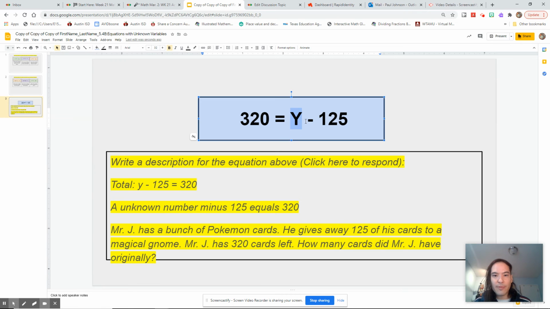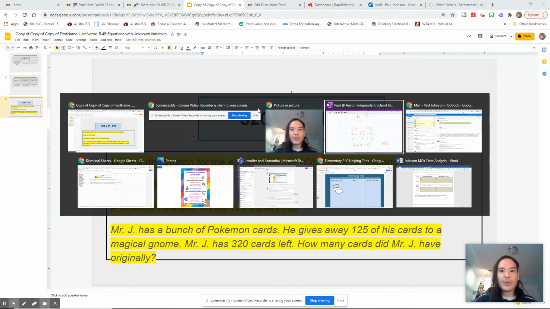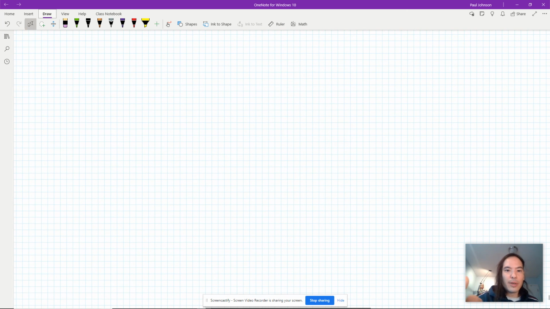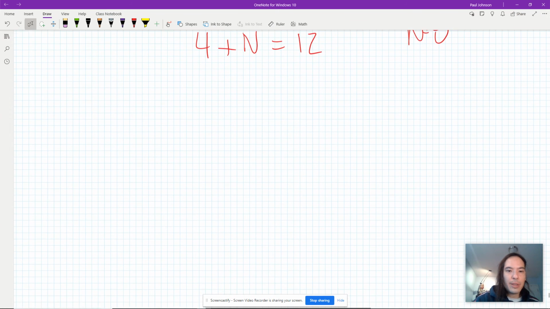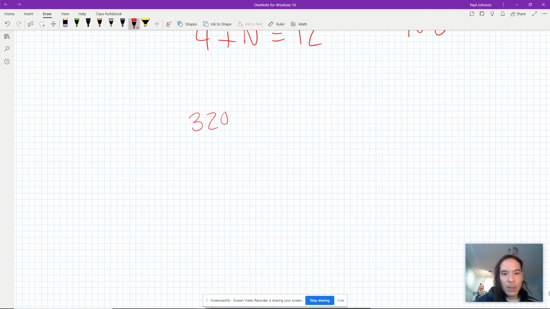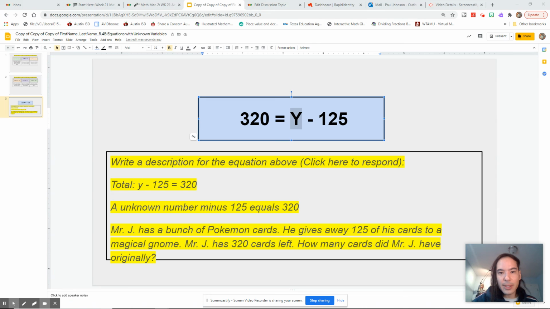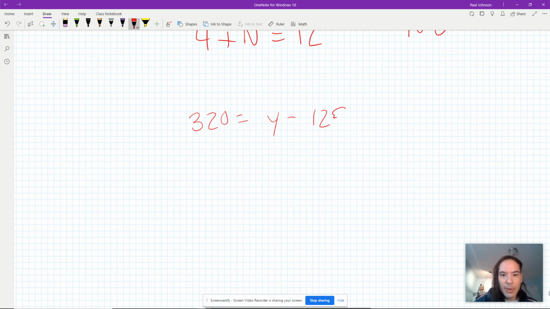Because if we took the amount that I had originally, took away 125 and had 320, I could even do this problem. So it was 320 equals Y minus 125. Just remember 320 is equal to something minus 125. If you want to turn this into a fact family problem to solve it, remember that you can take it backwards, right?